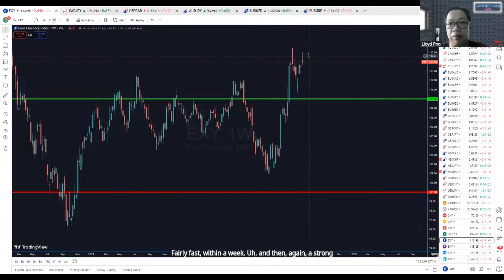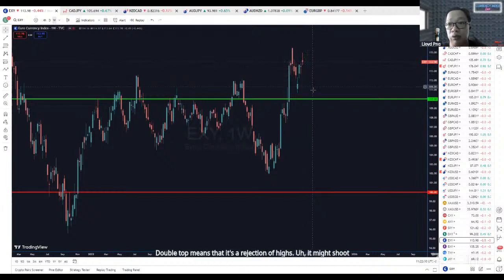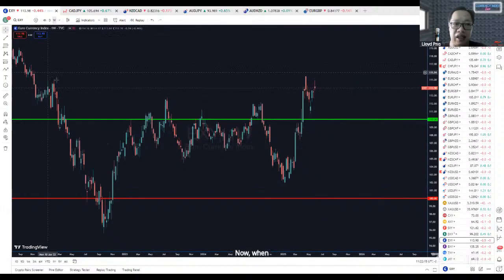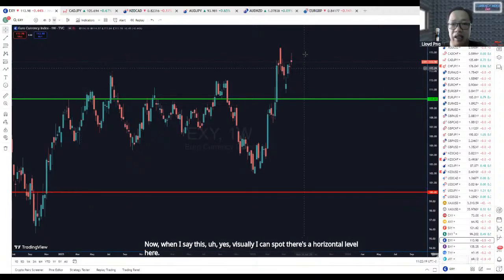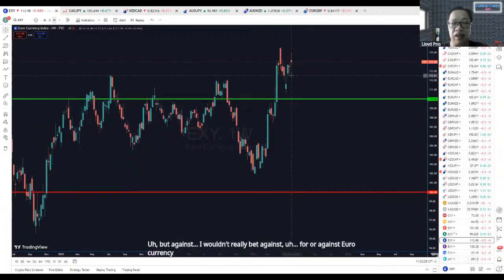Now, this might be a potential double top forming. Double top means that it's a rejection of highs. It might shoot back down to the 110 again. Visually I can spot there's a horizontal level here, but I wouldn't really bet for or against the euro currency at the moment. It just isn't entirely clear to me where it wants to go.